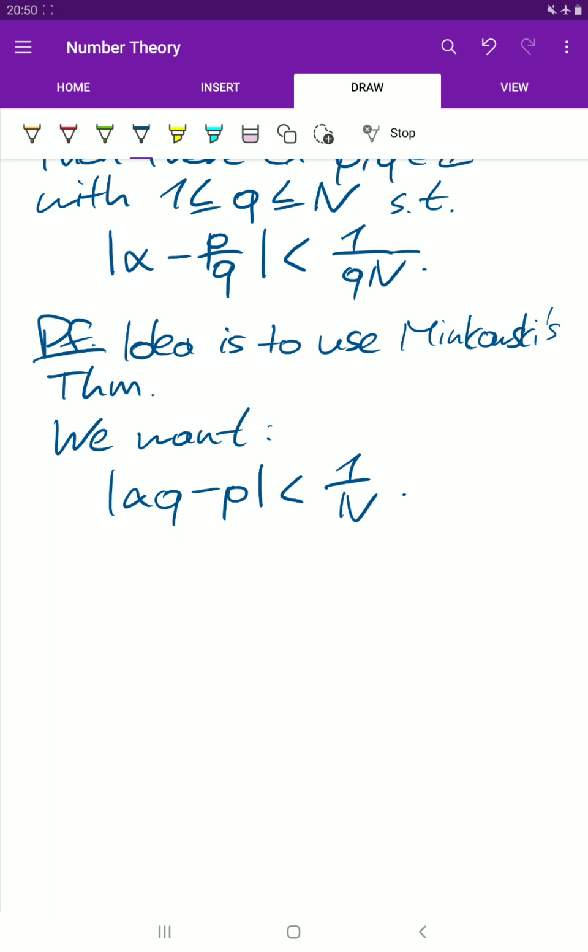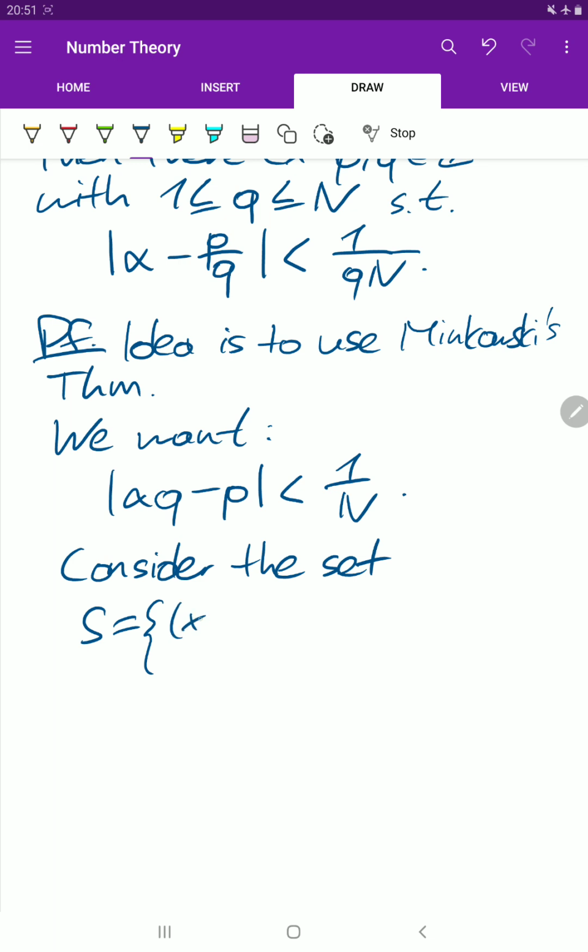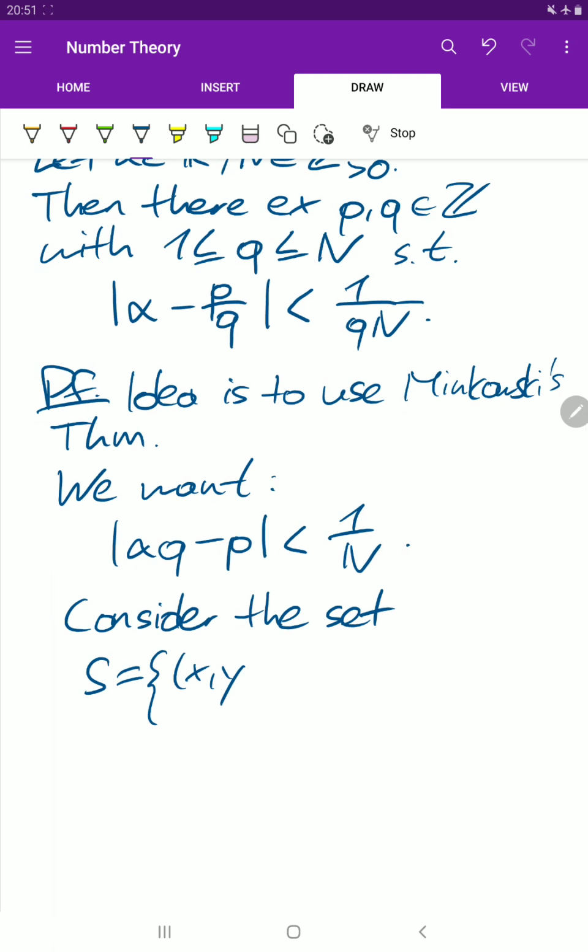So let's consider the set as follows. We want a convex symmetric set which has large enough volume, and since we want these two integers q and p as our lattice, we will just consider the lattice which consists of pairs of integers, Z squared. So the set we consider is the set you would imagine. We want to have, first of all, a bound.